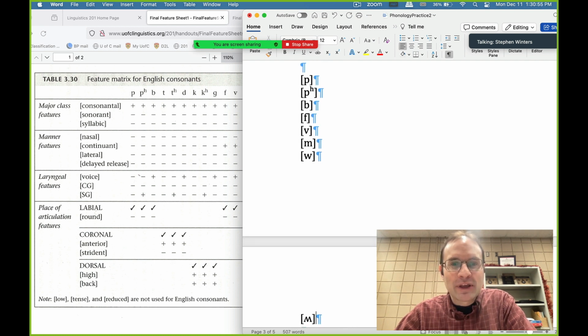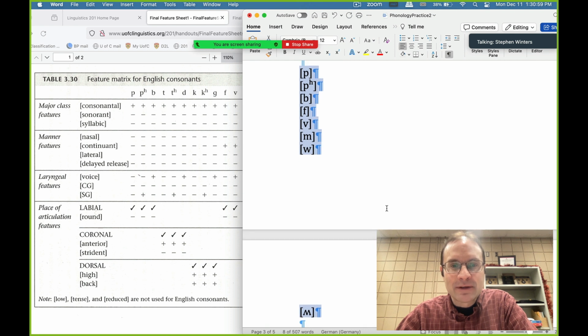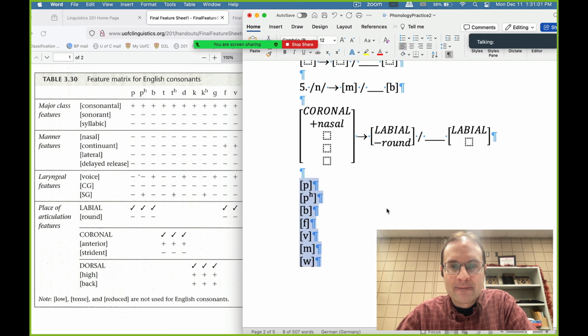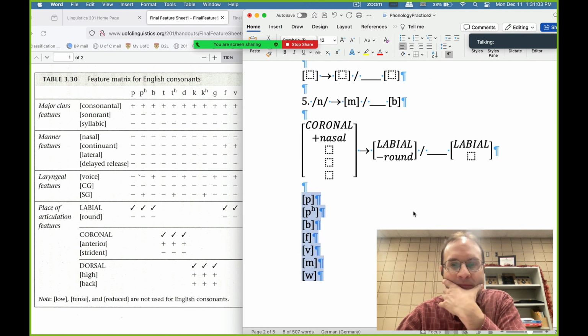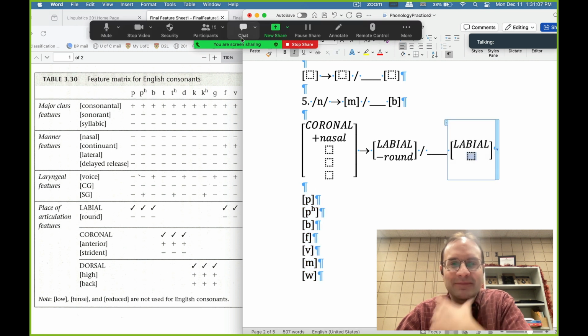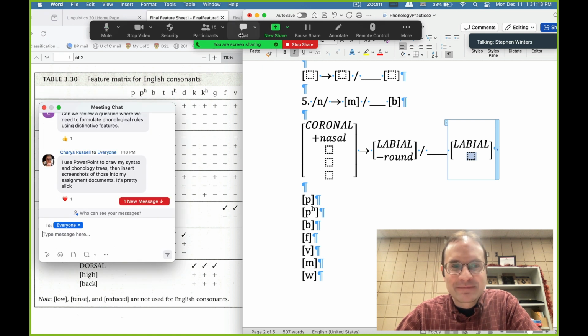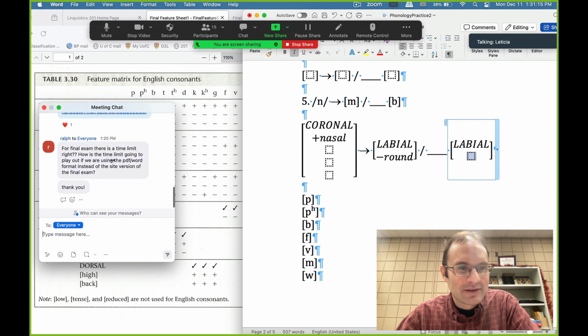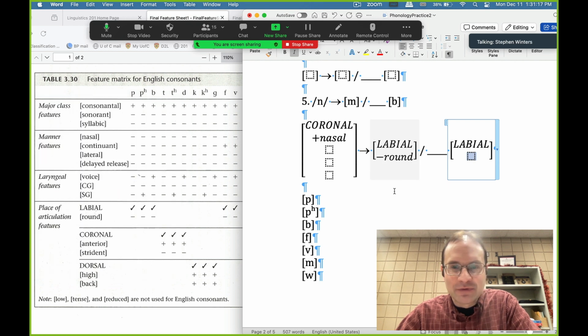So how do we pick B out of all these labial things? What makes it different from the rest? You're welcome to just shout it out or throw it in the chat. Is it voiced? It is voiced.